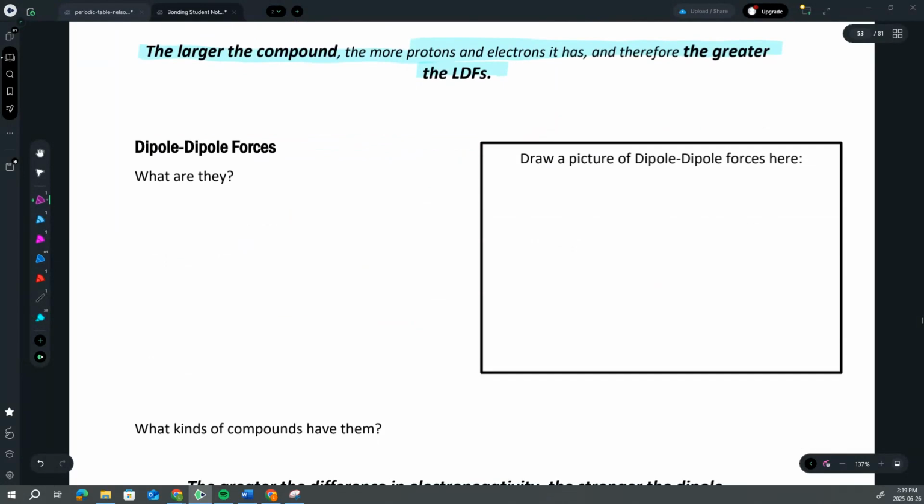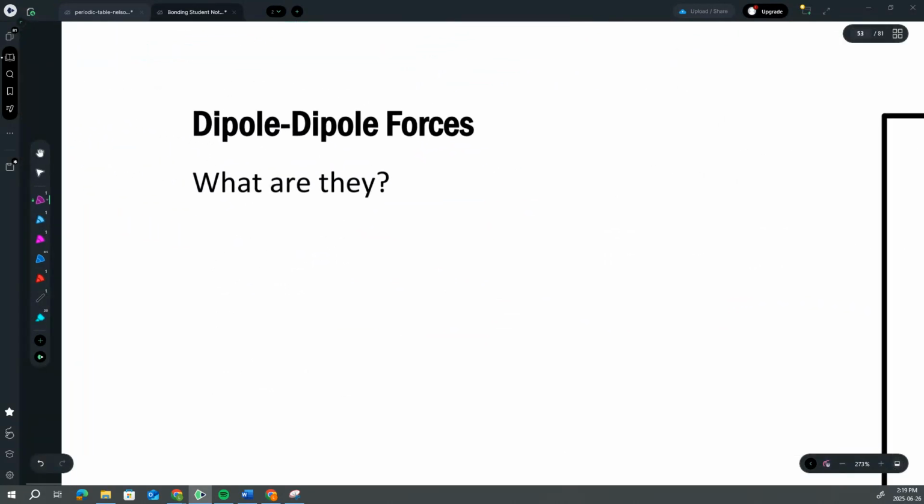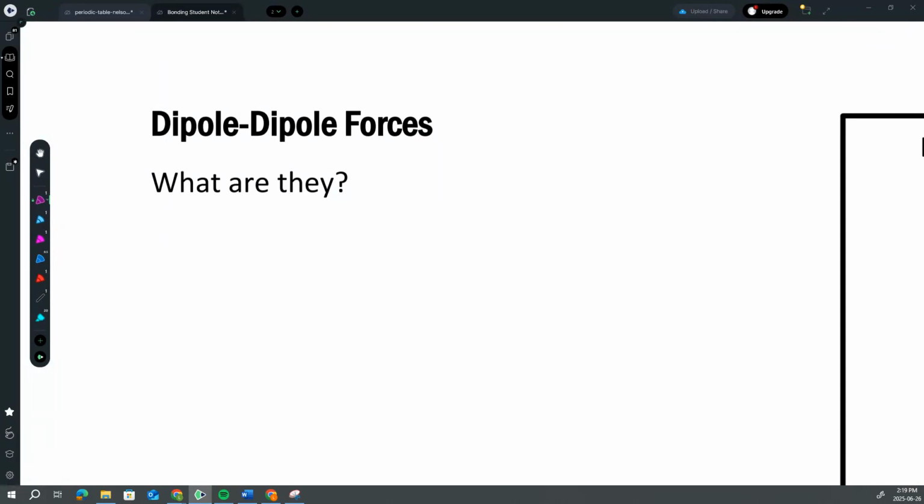Moving on to the second intermolecular force, we have dipole-dipole forces. So what exactly is it? Essentially, it's the attraction between the positive end of one molecule to the negative end of a different molecule.